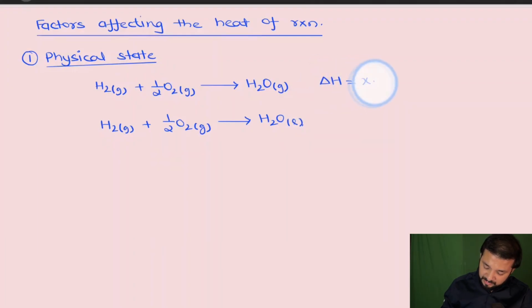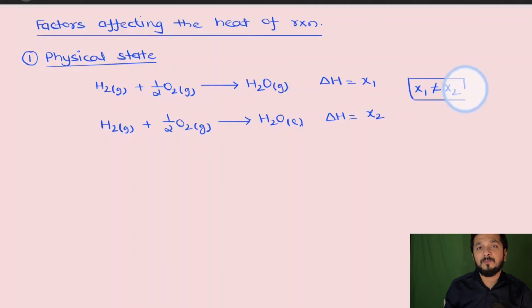Delta H of this reaction is X2. So you should be clear with this point that X1 will not be equal to X2. When the physical state of the reactant and product is changed, the heat of the reaction will also change. So physical state is the first factor which affects the heat of reaction.